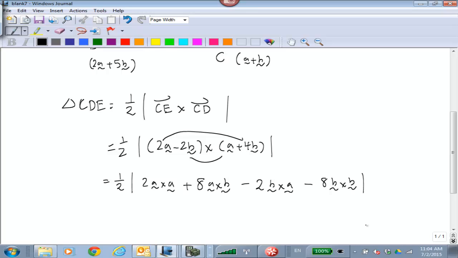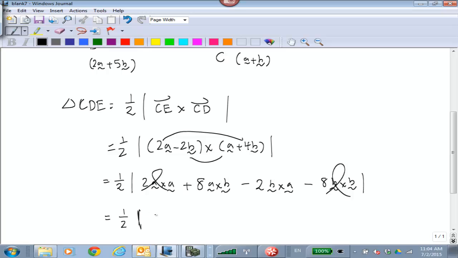What are they? Because A cross A and B cross B are 0. So the answer is 6A cross B, therefore the answer is 3A cross B. 8 minus 2 is 6, then pull out 3? No. Why?